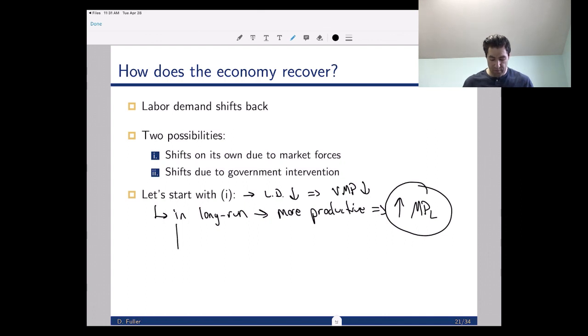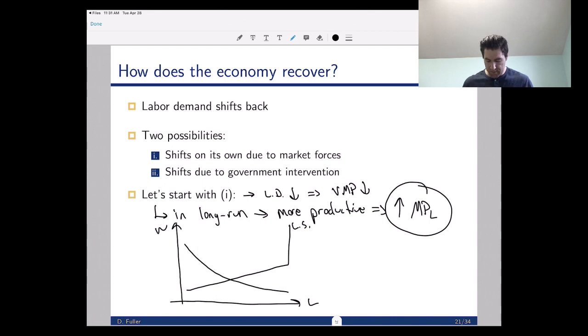So that when we have a recession, I'll start us off in a recession here. Labor supply. And let's say we're down here. Oh, I lost it all. All right. So here's labor supply. Here's labor demand.